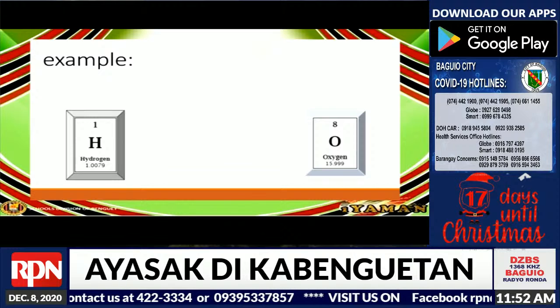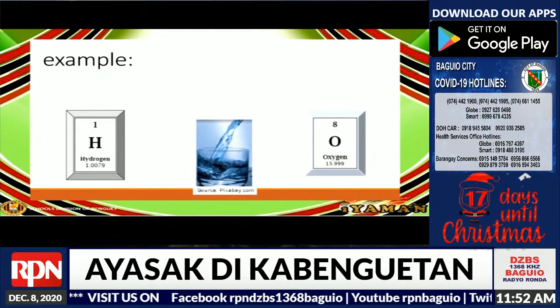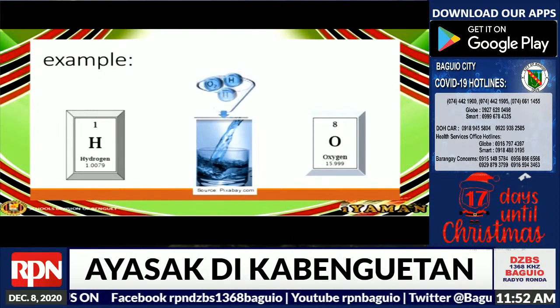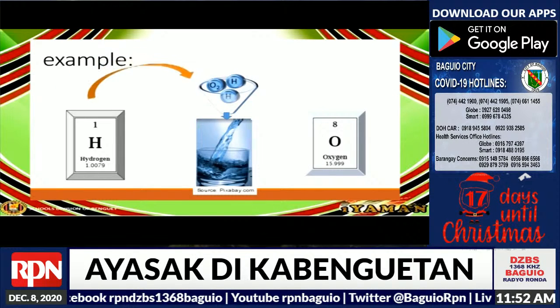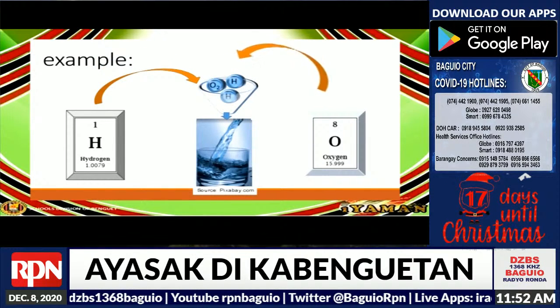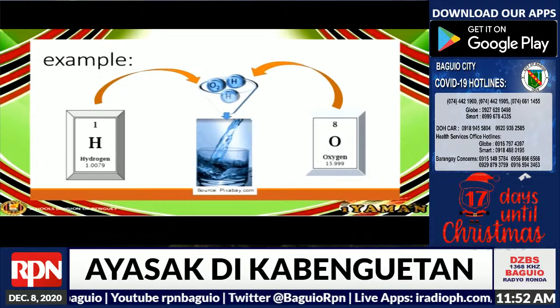Hydrogen, which belongs to family 1A, has 1 electron to donate. When electron of hydrogen combines with oxygen, they form H2O, or water molecules.